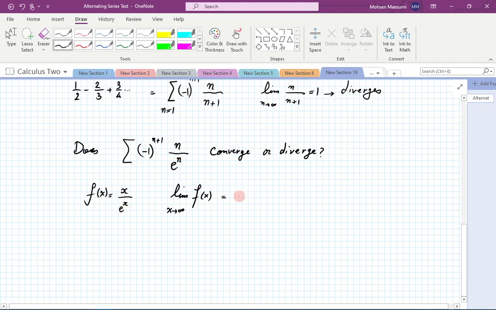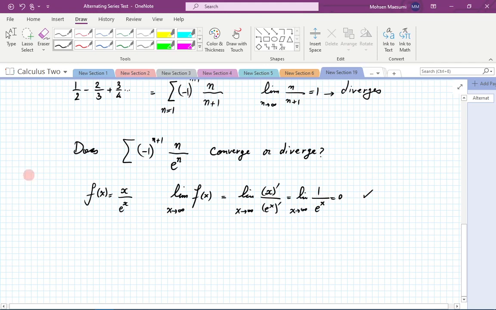So you can say this is going to be the limit of the derivative of the numerator over the derivative of the denominator as x goes to infinity, and that's the limit of 1 over e to the x as x goes to infinity, and that's equal to 0. So condition 1, that our nth term should go to 0, that one is checked.